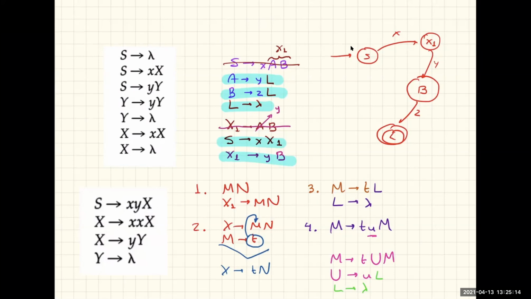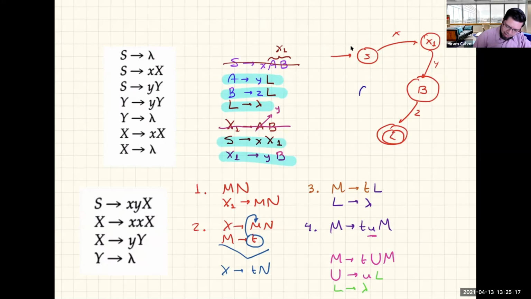Good question. We can draw it. It says A goes with a Y to L. Here it is. And I didn't draw it because there is no way you can get into A, as you can see. But if you want to draw it, you can. It's like this, but there are no arcs coming into it. And of course, this is a valid DFA, but you can have as many states that are not used.